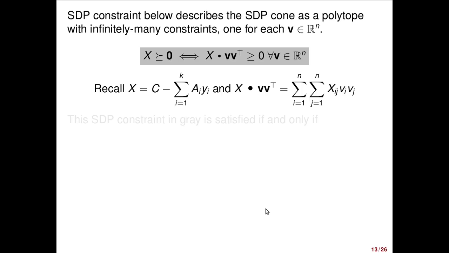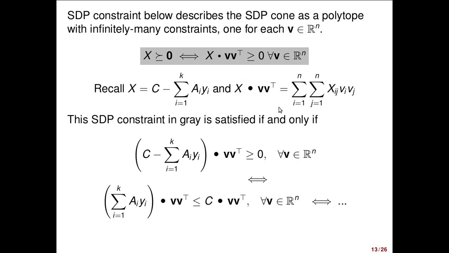Let me work it a bit. Sorry for the experts here, you can skip some minutes. But if I have such constraints, recall X is this, recall the big dot operator is this, and the SDP constraint in gray is satisfied if and only if this is true for any v. So here I only replaced X with its value.